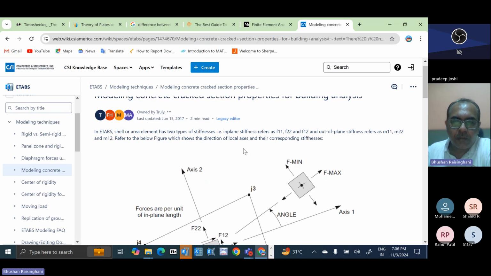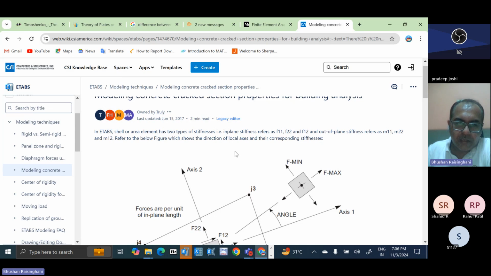Don't assume it as a global direction, or don't confuse it if you do the wrong orientation. If you give the wrong values in the wrong parameter, you will not get the result correctly. So you have to be very clear that these are the directions of the local axis and their corresponding stiffnesses you have to now model.